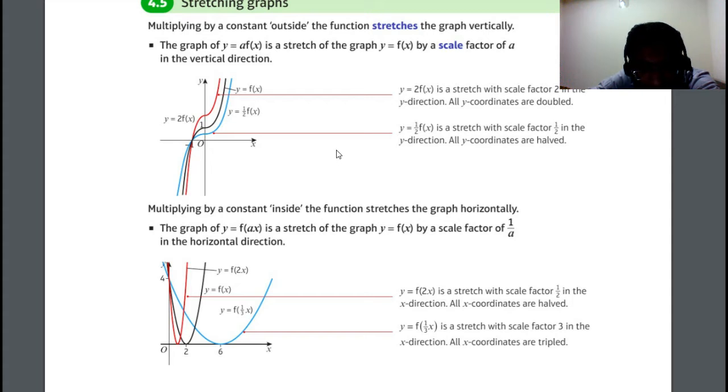So f of 2x, in fact, it gets contracted. Yes. I know all this, don't worry. Okay.